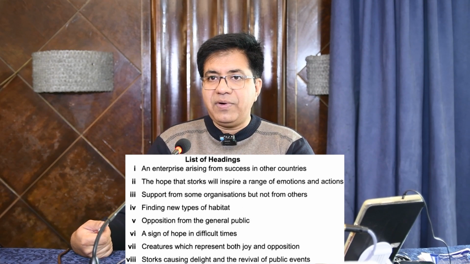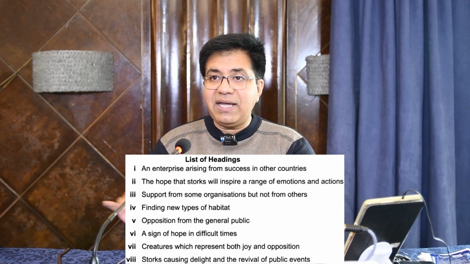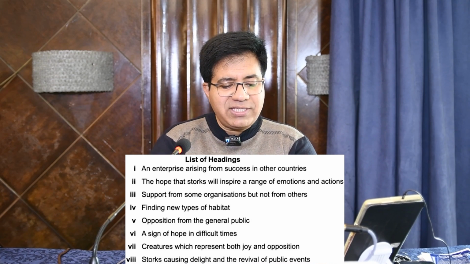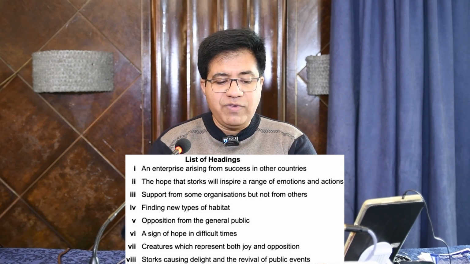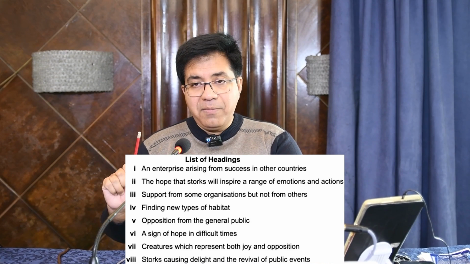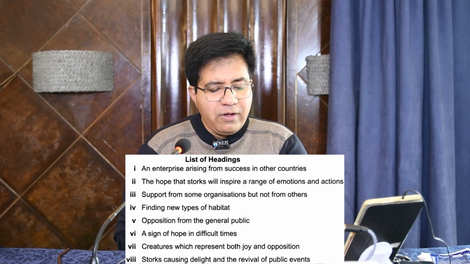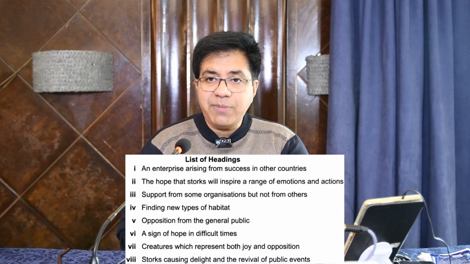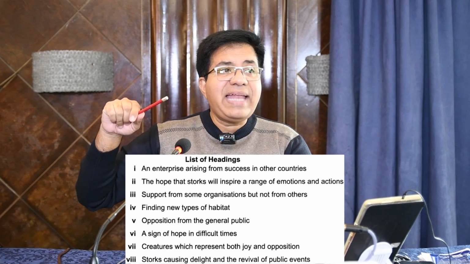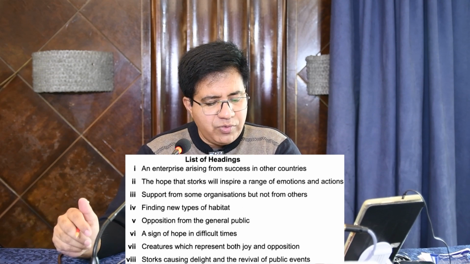Heading number 3, support from some organizations but not from others. Now, if you remember, in one paragraph they talked about it, where that Sussex committee refused to do that. So they say support from some organizations but not from others. So which paragraph is that? Paragraph D, by the way. Heading number 4, finding new types of habitat. New types of habitat means place to live, and new type means a different type of place to live.